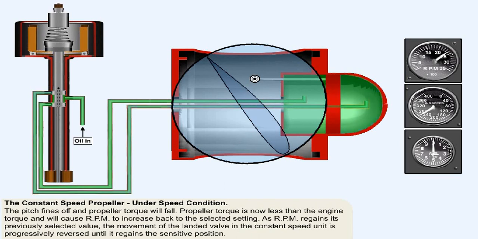As RPM regains its previously selected value, the movement of the landed valve in the constant speed unit, which directed the oil flow in the first place, is progressively reversed until it regains the sensitive position, where a hydraulic lock holds the piston immovable until the next RPM selection or disturbance in airspeed, altitude or engine power setting.